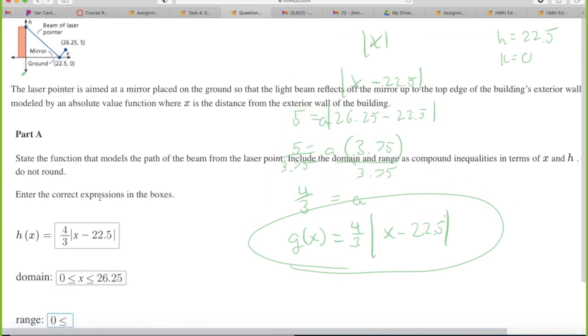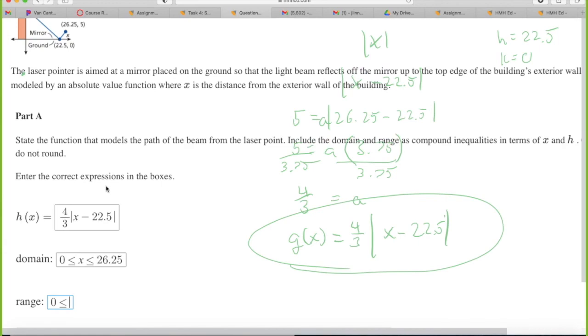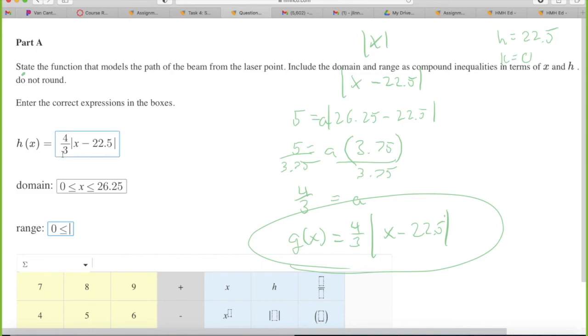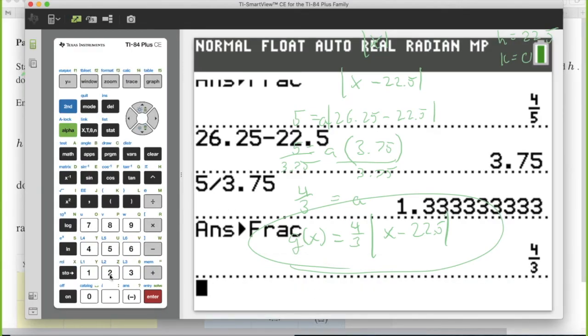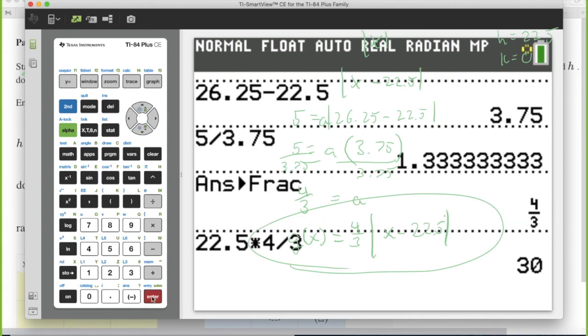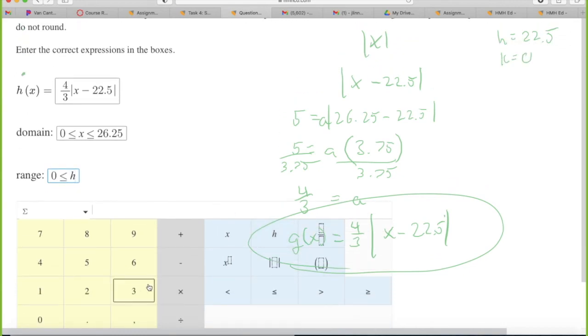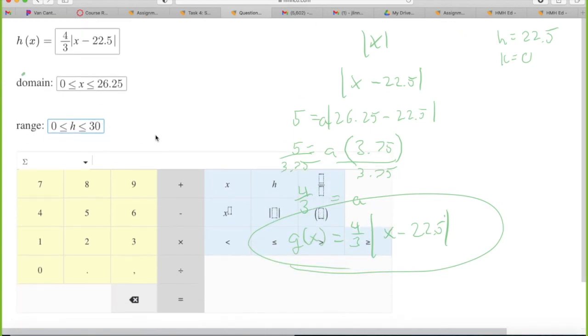No, they did not. But we can just figure out the height of the building by shoving 0 into our function, and that becomes 22.5 times 4 over 3. So that's 30. And it's less than or equal to 30, because that's our height of the building.